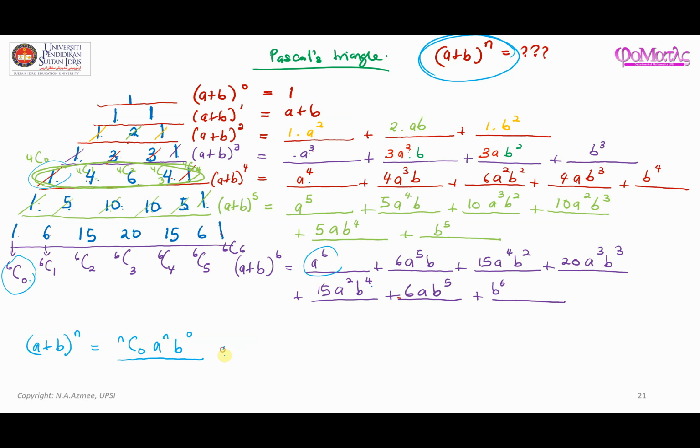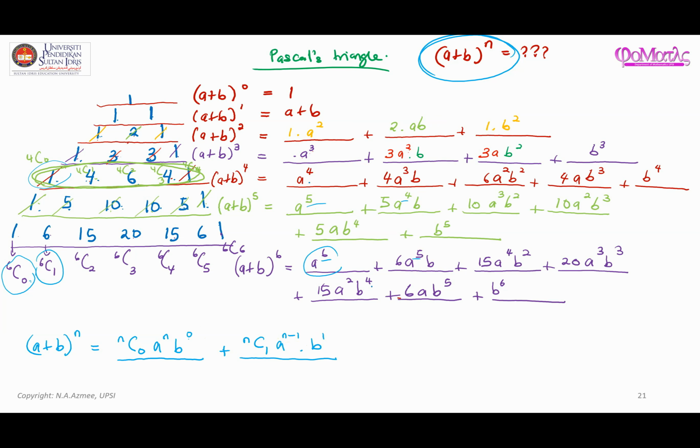And then the second term is of course NC1. Okay, where the power of a here is reduced by one number, from 6 to 5, for example, from 5 to 4 and so on. So here we know that the power is going to be reduced by 1, that means n minus 1, and over here is b. If this is 0, it is going to be increased to 1.